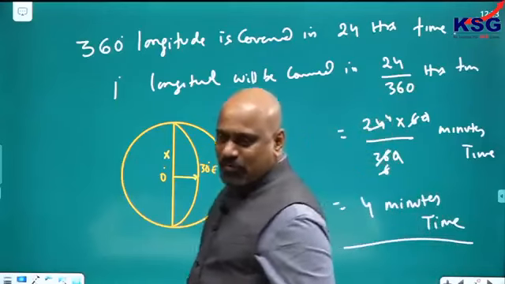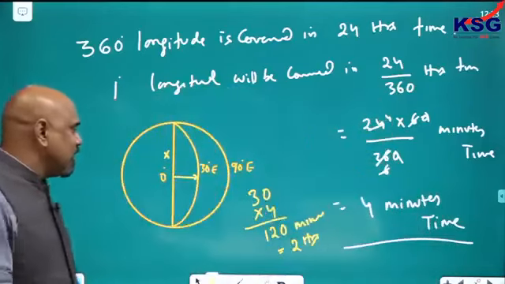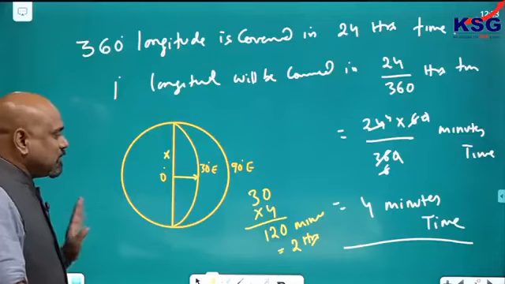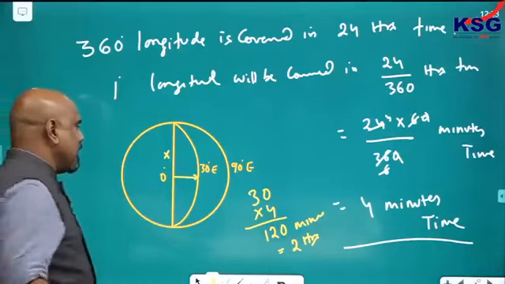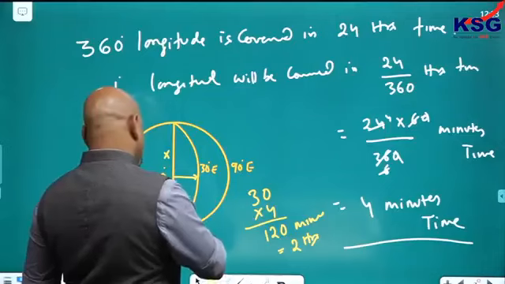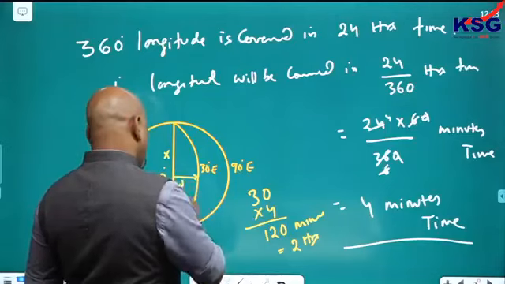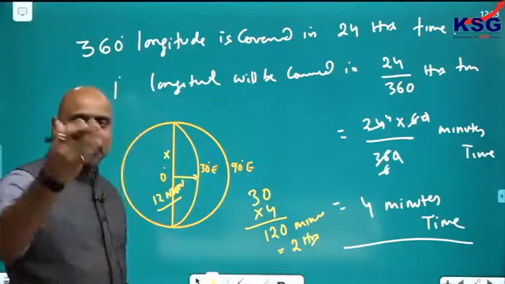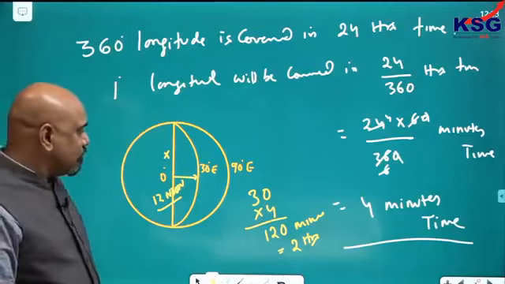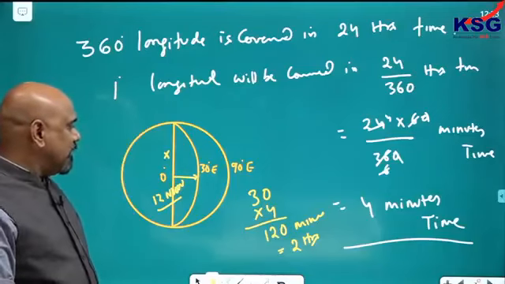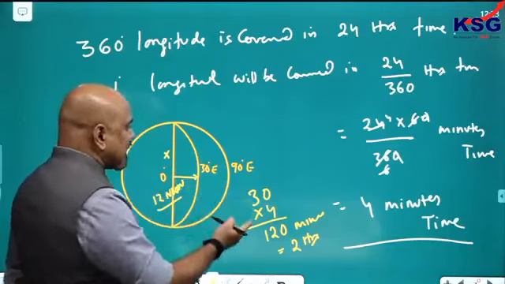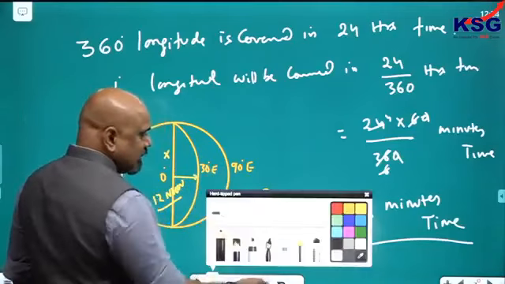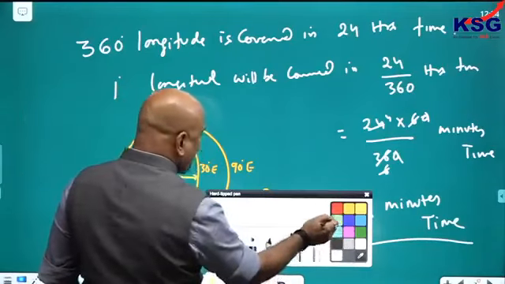Positive or negative, whether it is ahead or behind, you need to see how the case is going. If you look at 0 degree, here if it is 12 noon, what will be the time at 30 degrees? Tell me. If it is 12 noon, then the first sunrise will be here. Try to look at this carefully.